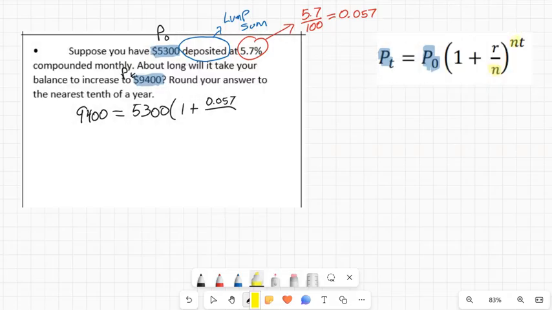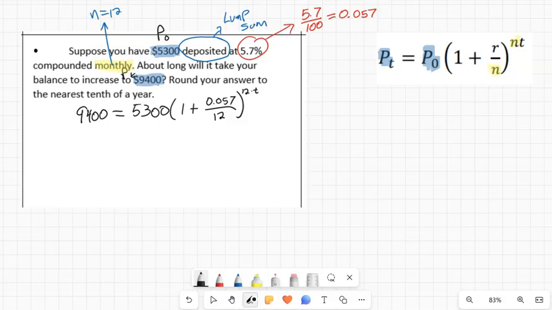It says compounded monthly, so that gives us N equals 12. All right, so we put in 12 for N up there as well, and then T is our variable.